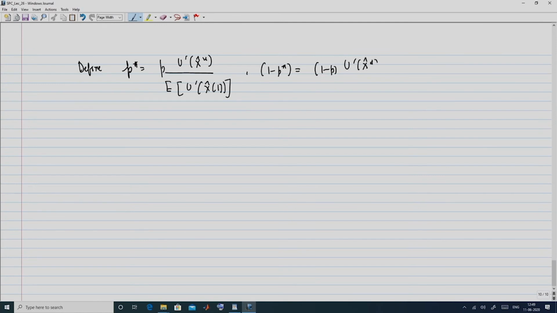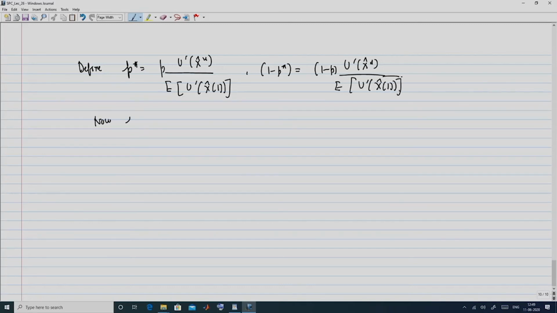So, accordingly, we will define P star to be equal to P into u prime of x hat of u divided by the expected value of u prime of x hat of 1, and we define accordingly 1 minus P star. This is going to be 1 minus P into u prime of x hat of d over expected value of u prime of x hat of 1.